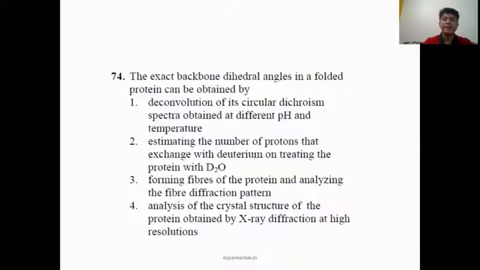So here circular dichroism can be used for predicting the secondary structures of the protein, whereas forming fibers of the protein and analyzing the fiber diffraction pattern cannot give this. And for obtaining the exact dihedral angles, X-ray diffraction is the most appropriate one. So analysis of the crystal structure of the protein obtained by X-ray diffraction at high resolution is the most appropriate option for this question.